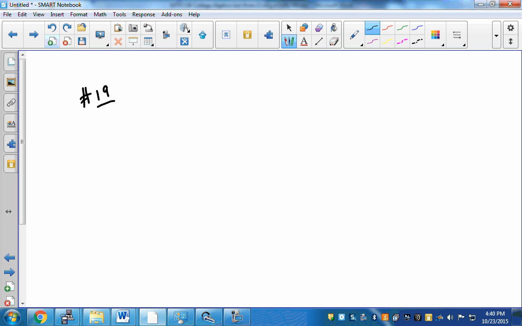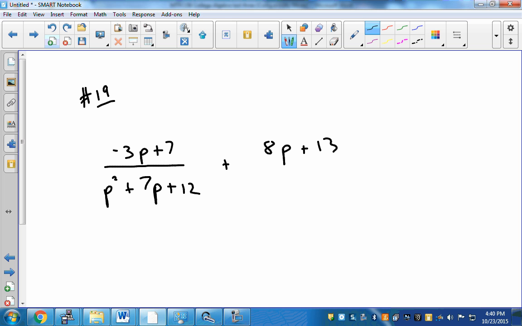How come? We have minus 3p plus 7, over the denominator p squared plus 7p plus 12, and to that, we're adding 8p plus 13 divided by p squared plus 7p plus 12.